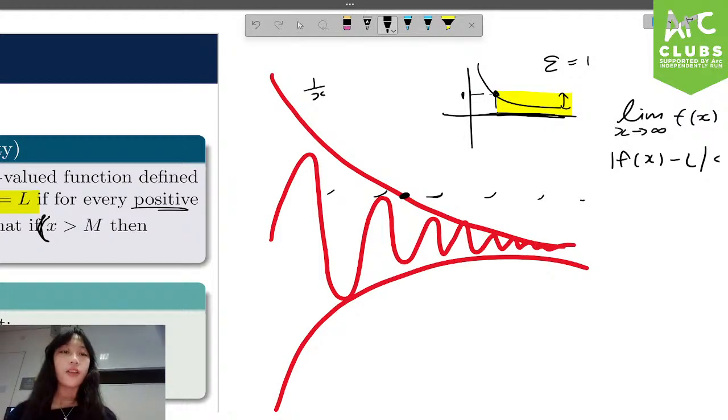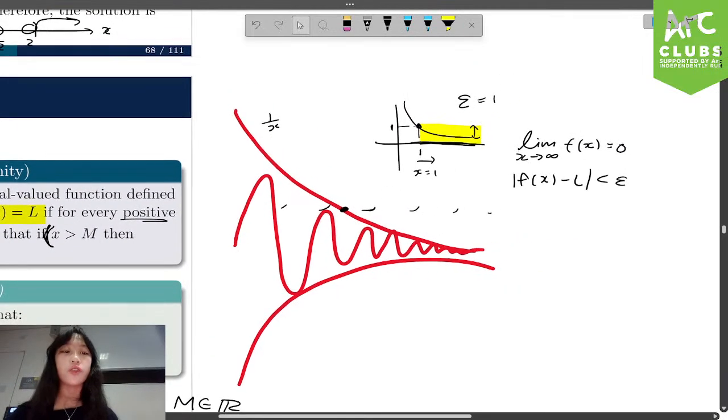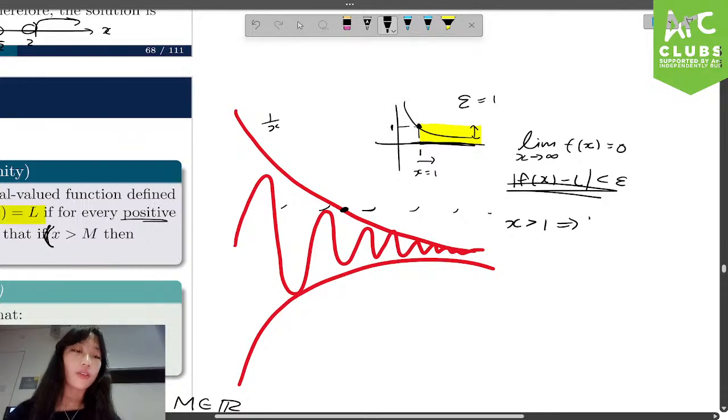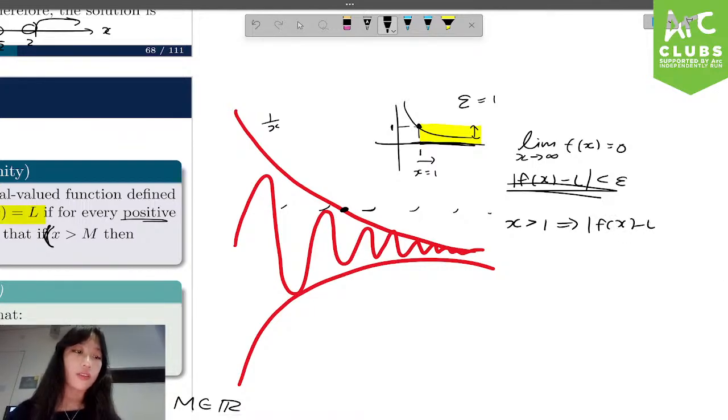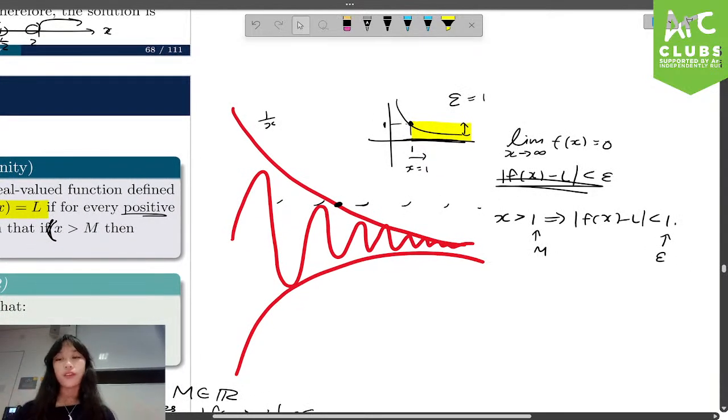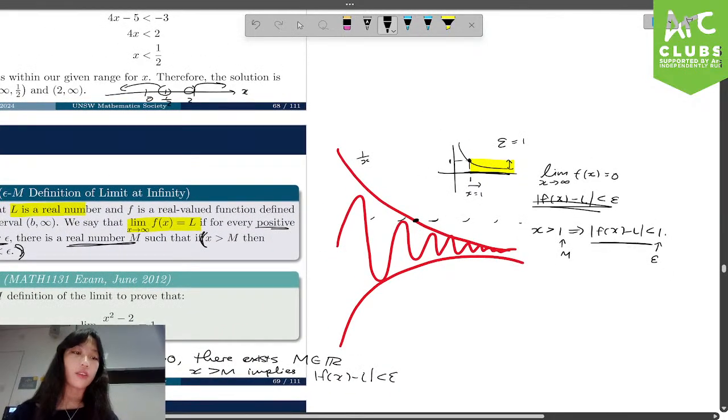If we're to the right of x equals 1, then we fit this restriction, which means that x is greater than 1 implies that f of x minus L, or 0, is less than 1, where this is our epsilon value and this is our m value. So here we've succeeded in finding an m value, which allows us to make this conclusion.